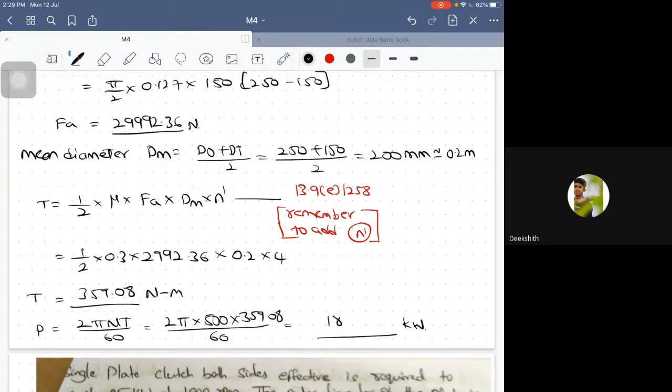Yes, exactly correct. It is 18.80 kilowatts. The problems on clutches are very, very easy, guys. Very, very easy.